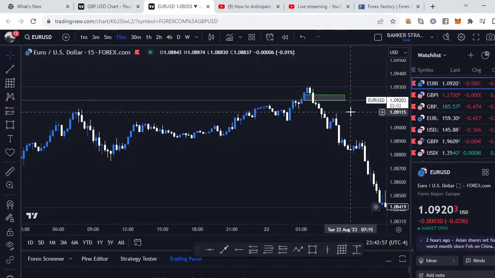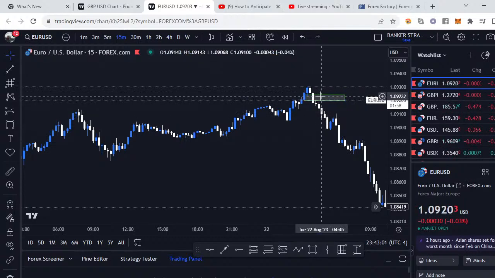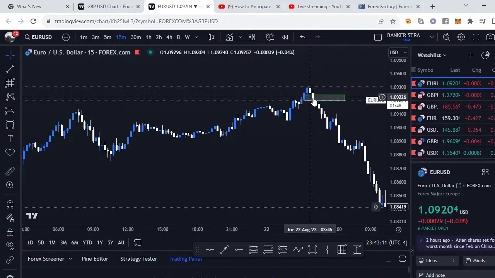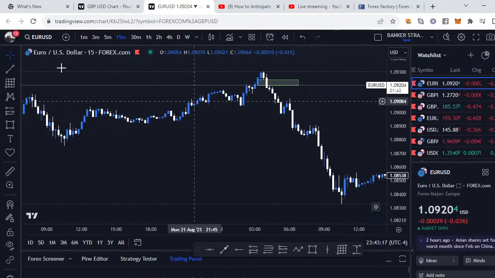this right here is an order block. I mean, not an order block, I'm sorry, an imbalance. You see the space in between this candle and this candle? There's an opening space in between here and here. That's an imbalance. Here's another imbalance.